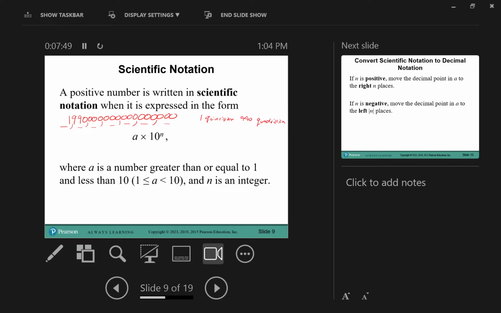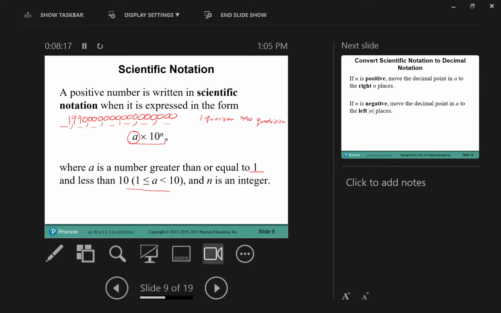So rather than writing this in this way with all those zeros, scientific notation comes and says, well, we're just going to rewrite it like this. And the idea here is to have just one digit in front of a decimal, and then anything else that's important after it, and then multiply it by a power of 10 and clean up all those zeros. So A, the number in front, is supposed to be a number greater than or equal to 1, but less than 10.